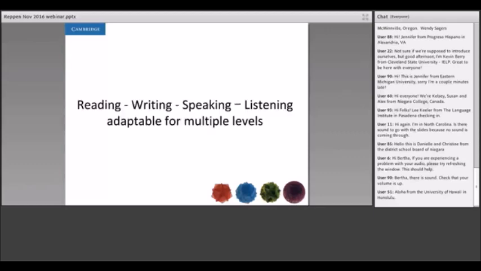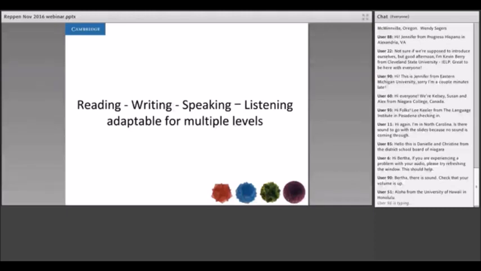We're going to talk about ways to combine these four skills. And this first activity that I'm going to show to you combines all of these classic four skills: reading, writing, speaking, listening. And it's, I think, one of the most versatile and useful and motivating activities.